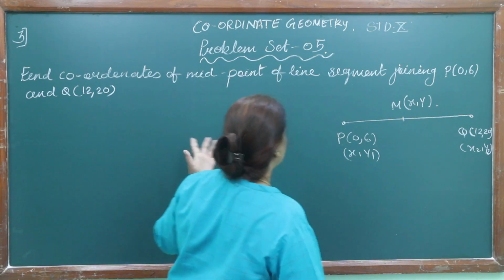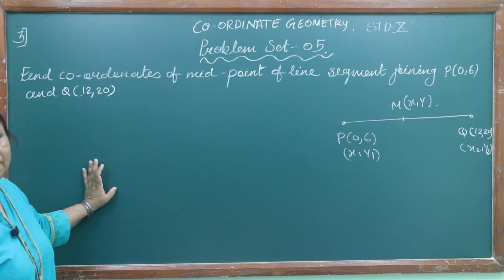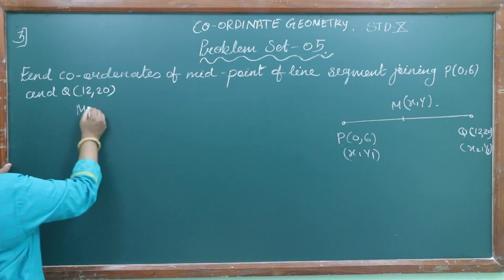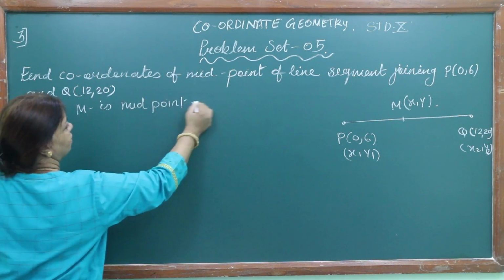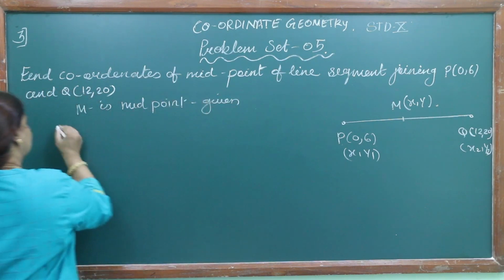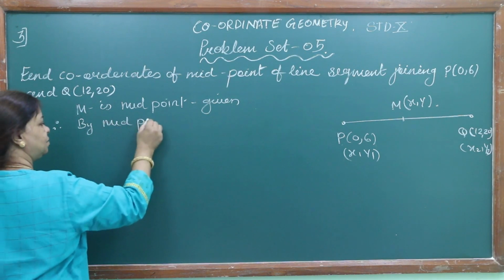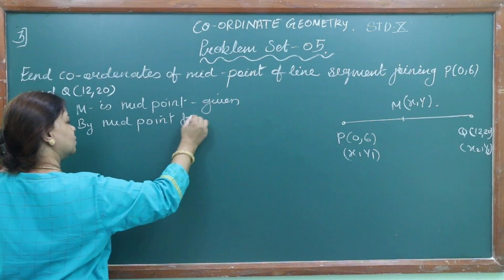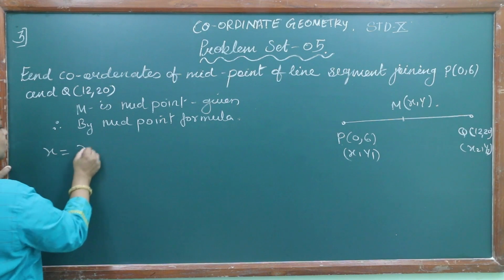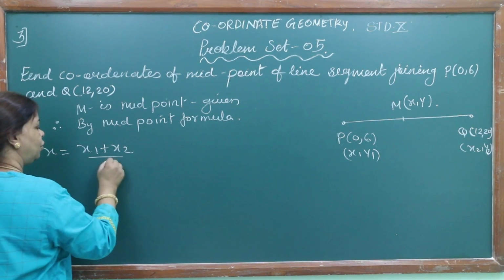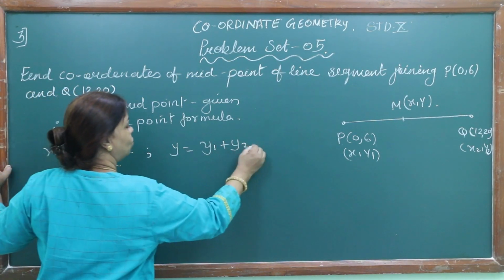M is the midpoint. So naturally, if we want to find out the coordinates of the midpoint, then we will be using the midpoint formula. M is the midpoint and it is given, and therefore by the midpoint formula, the x coordinate is equal to (x1 plus x2) upon 2 and the y coordinate is equal to (y1 plus y2) upon 2.